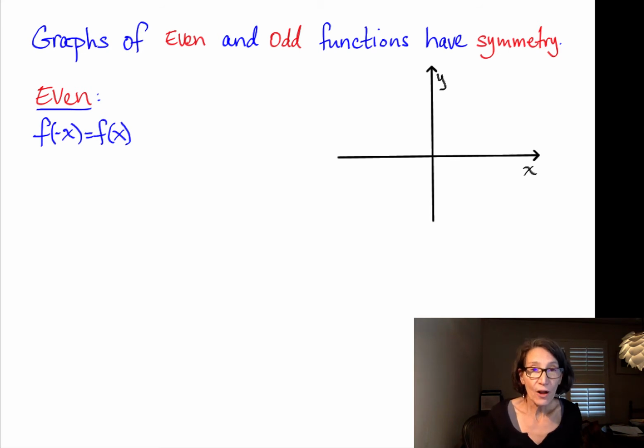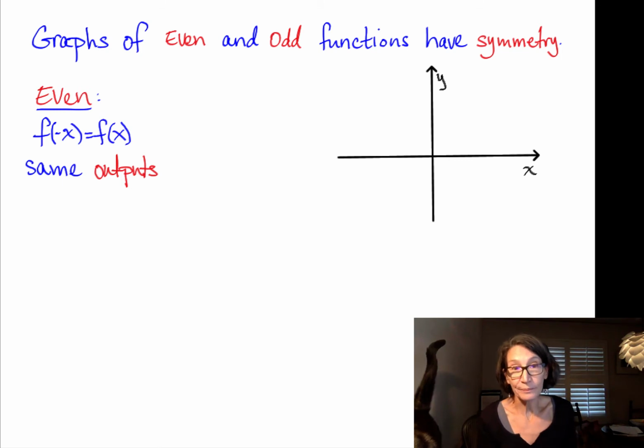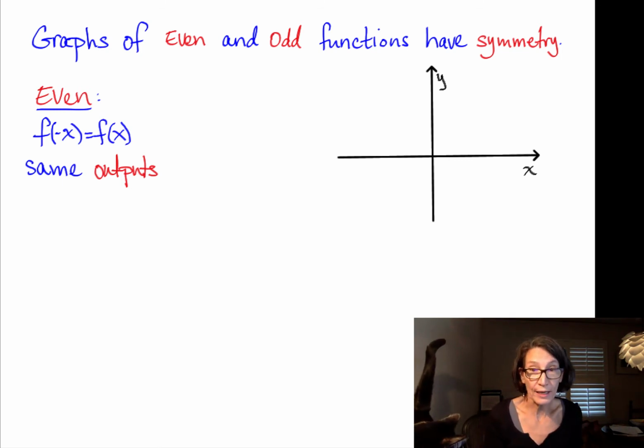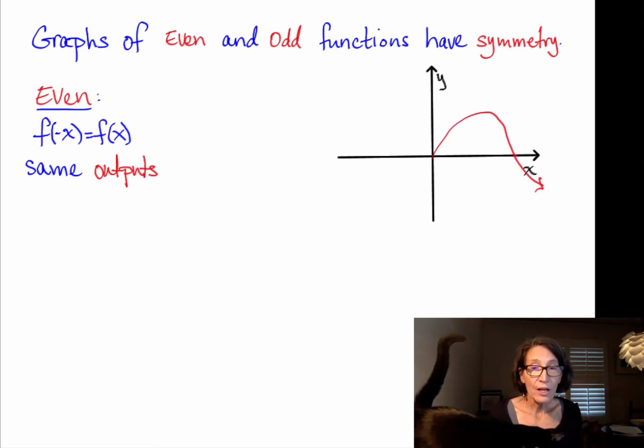So f of a value means the output or the y-coordinate that goes with that x value. So what this equation says is that the two inputs, x and negative x, have the same output, the same y-coordinate. So let's look at a graph.